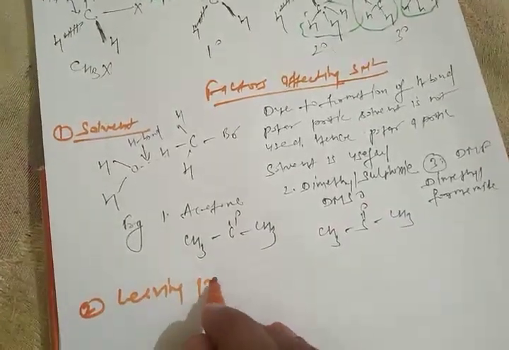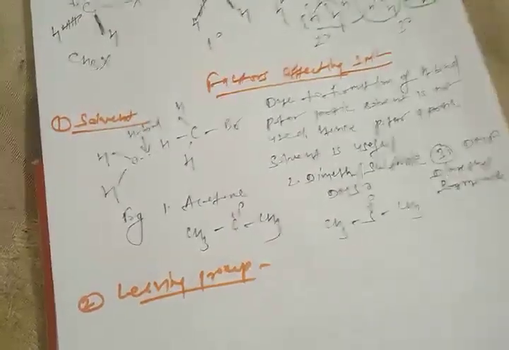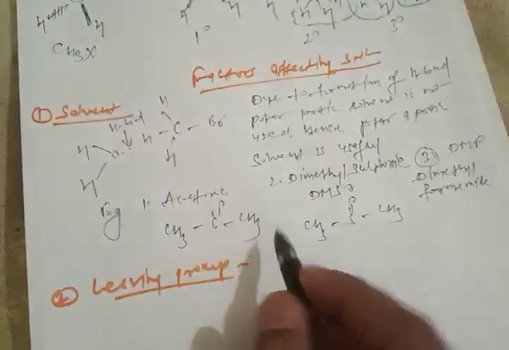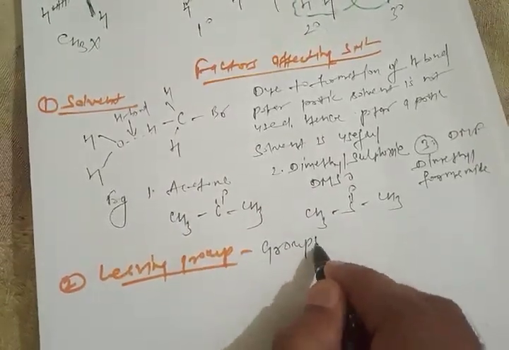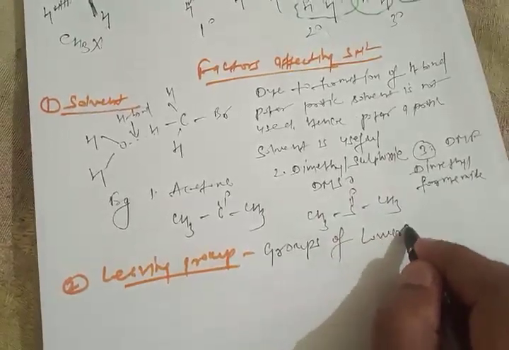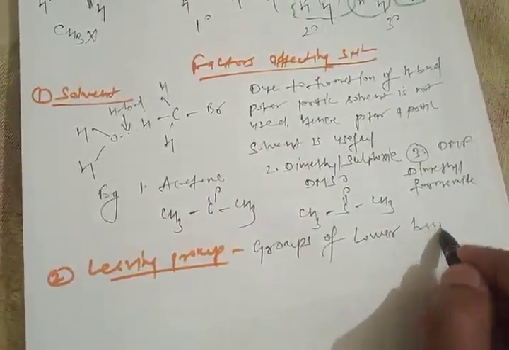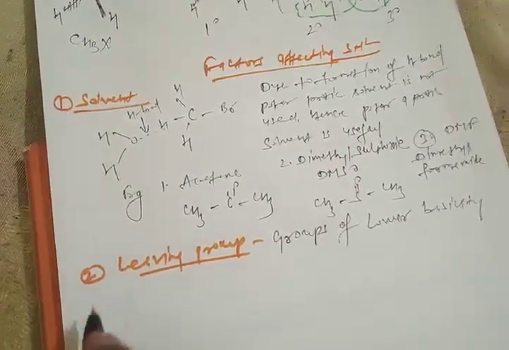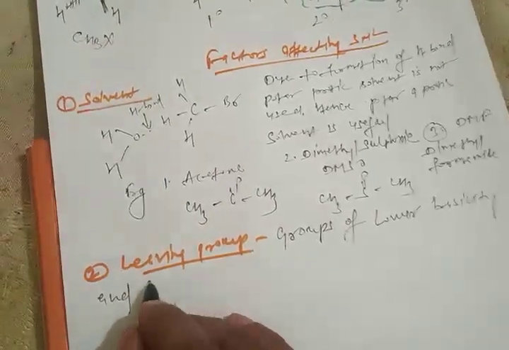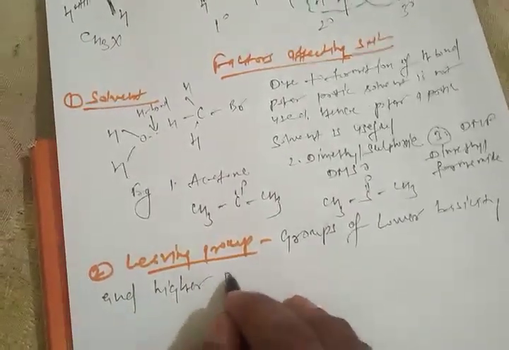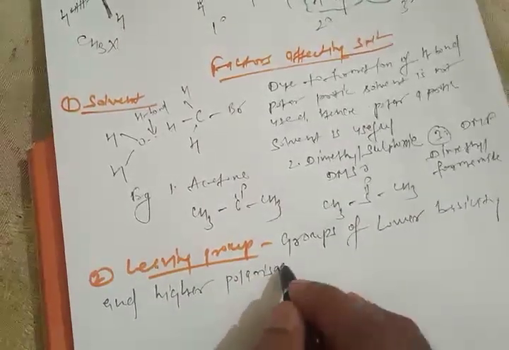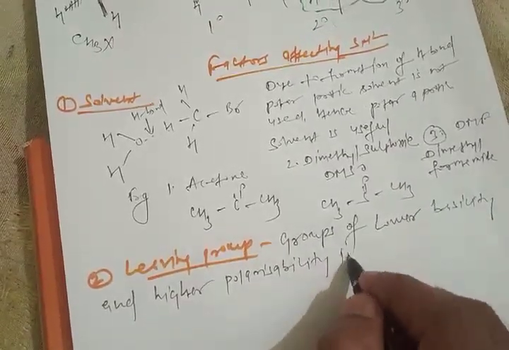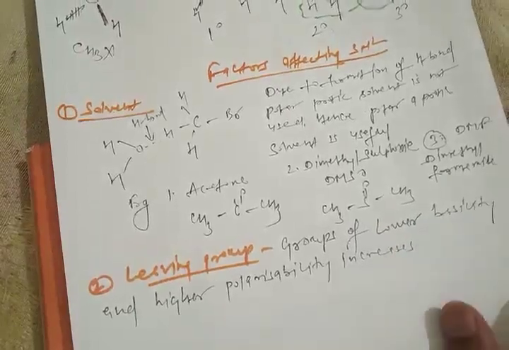Because we already studied that, the better the leaving group, the faster the reaction. So groups of lower basicity and higher polarizability increase the rate of reaction.